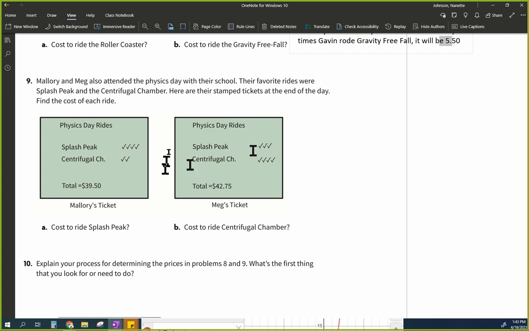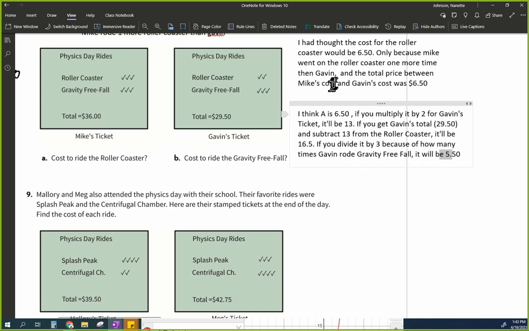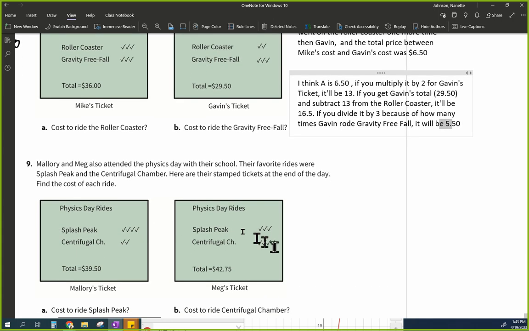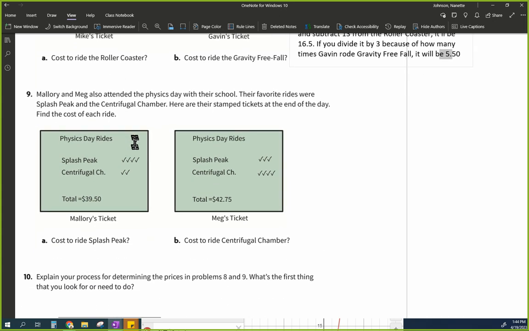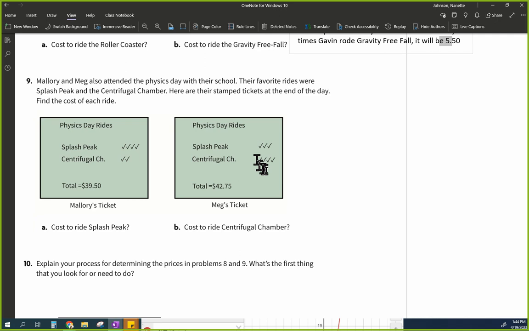For this person here, you're going to play with your numbers a little bit, because the advantage in number 8 was that the only difference between these 2 tickets was Mike rode the roller coaster 1 more time. Maybe Gavin got a snack, or maybe he didn't have enough money for that last ride. I'm not sure. But here, I'm going to try to get these to be as same as possible.